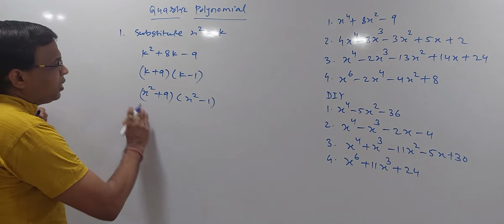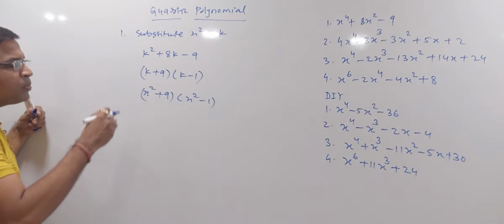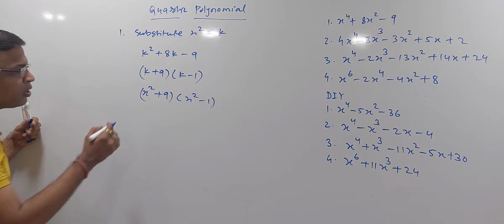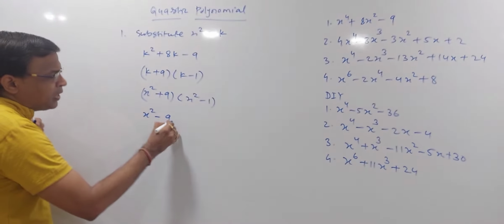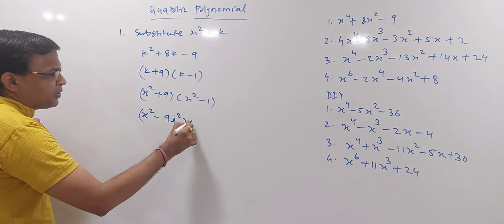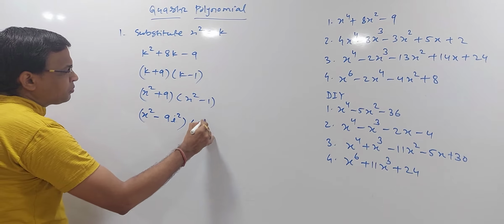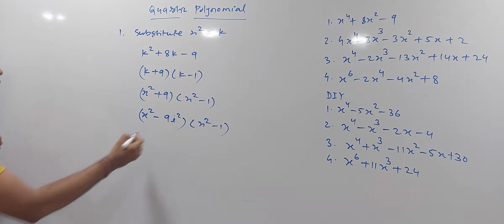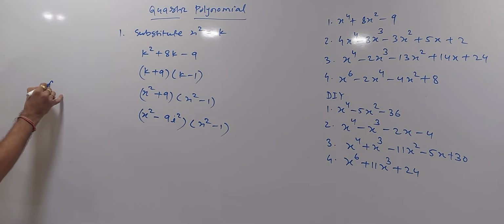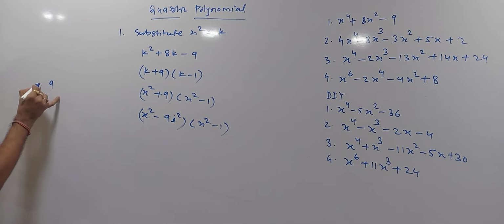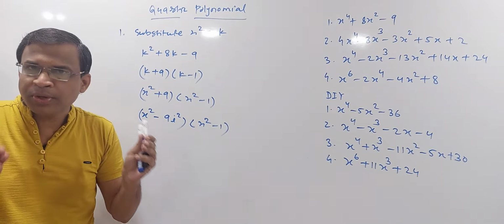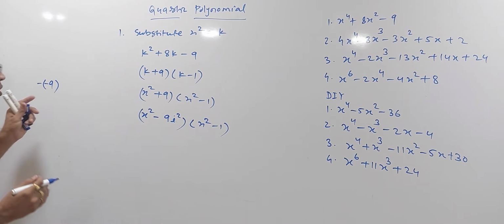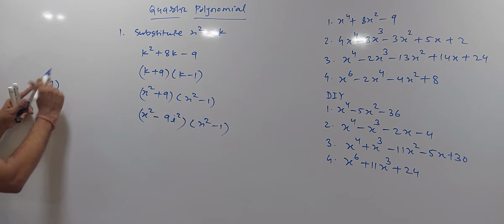See here, x square plus 9. If I had to find the root, I could write it as x square minus 9i square, and this is x square minus 1. How have I written this? Because we don't have a square plus b square as a factorization identity, I have converted it to a square minus b square.